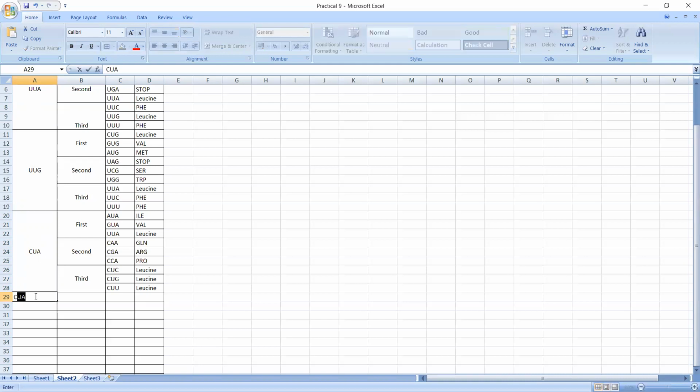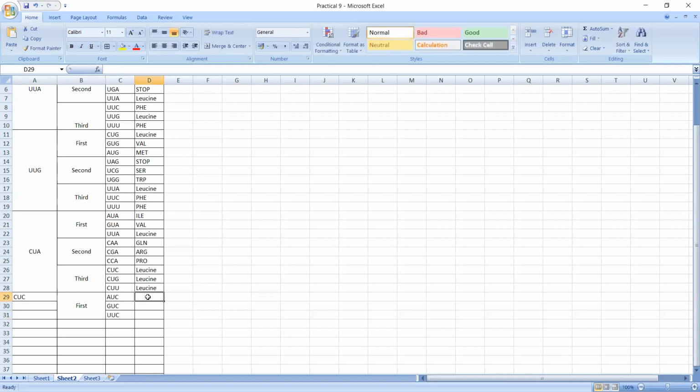Now let us solve for the CUC. Same. If there is a change in the first base, what is the first base here? It is C. So it is going to be AUC, GUC, and UUC.